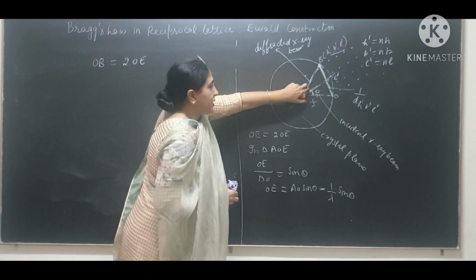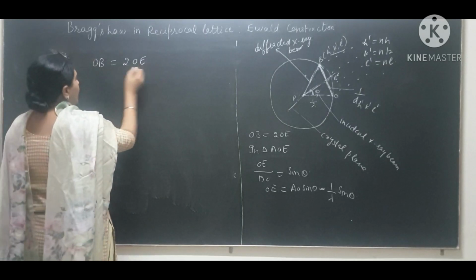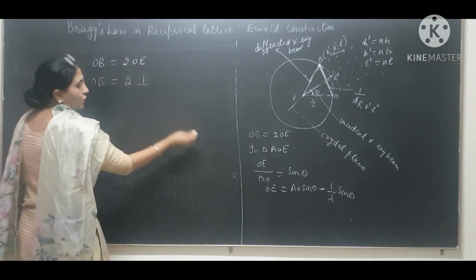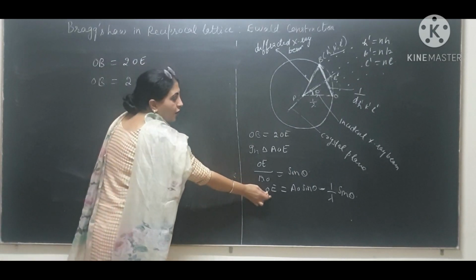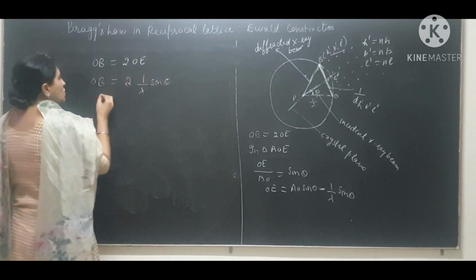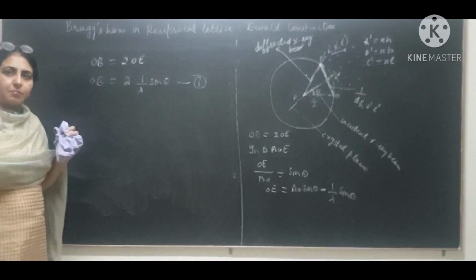OB is equal to 2 OE, or OB is equal to 2 into, putting the value of OE, 1 over lambda sine of theta. So this is OB. Take it as equation number first.